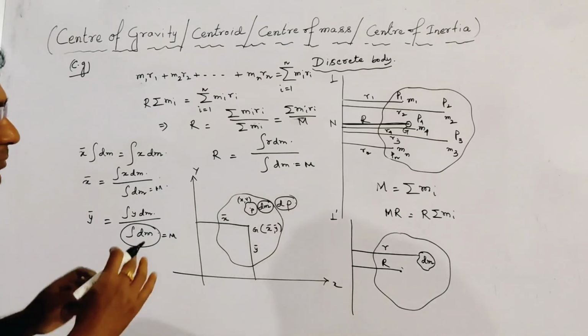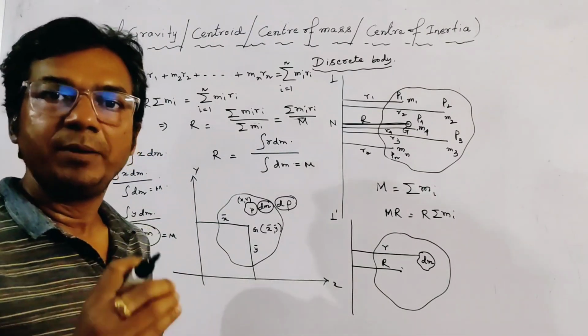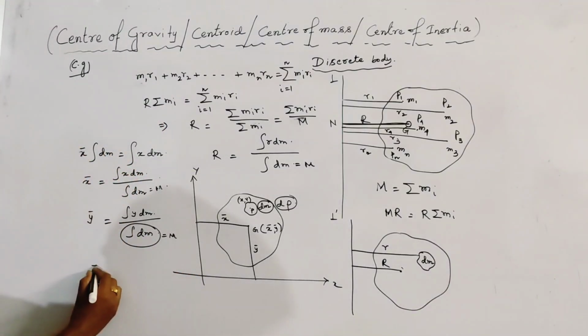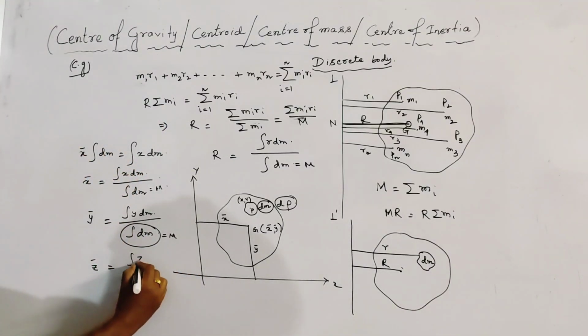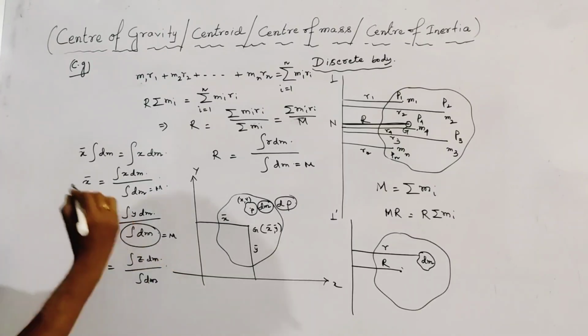Similarly, if we require the center of mass in a 3-dimensional coordinate system, we can write another result: z bar equals integration z dm by integration dm.